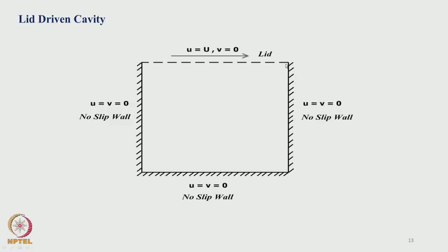The boundary condition imposed on all the other sides, because we already mentioned it is a wall, is velocity equal to 0, that is u equal to v equal to 0, and such a boundary condition is called no slip. And we also know if you specify a value for the variable, it is called Dirichlet boundary condition.